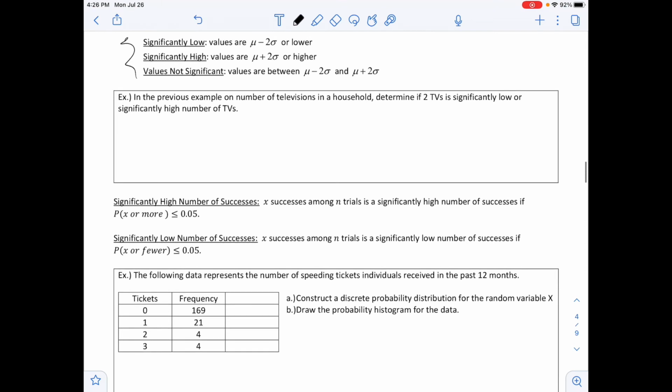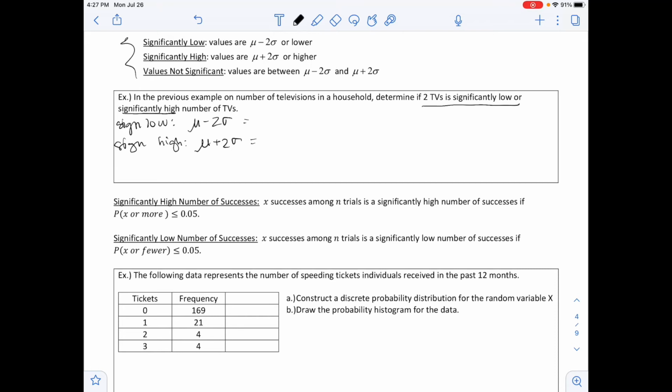Right below this we have another example that says, in the previous example on the number of televisions in a household, determine if 2 TVs is significantly low or significantly high. So in order to figure out significantly low, we need to have mu minus 2 sigma, and significantly high, we have to do mu plus 2 sigma. There are a few ways to do this problem. This is one of them, looking at that range rule of thumb.